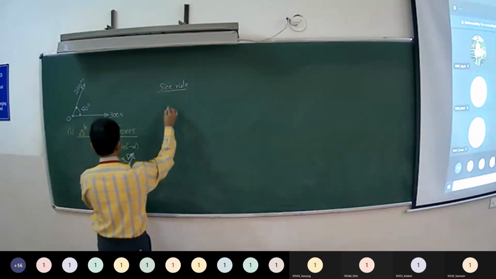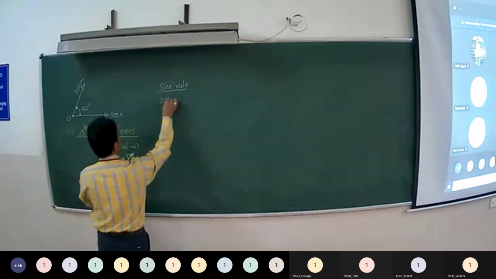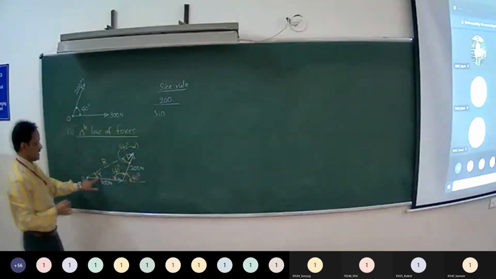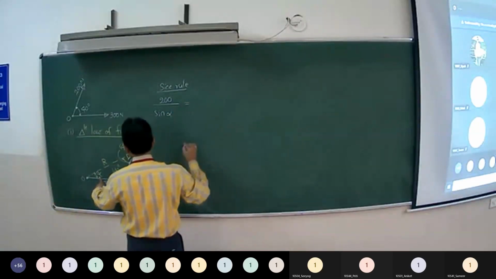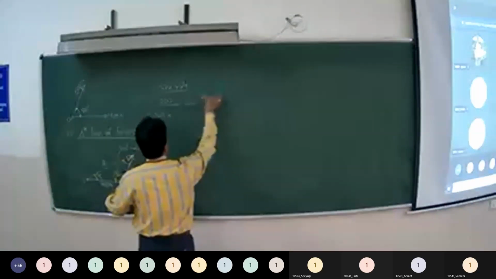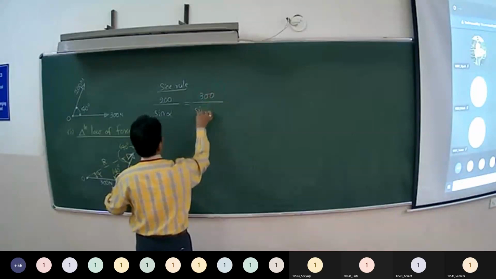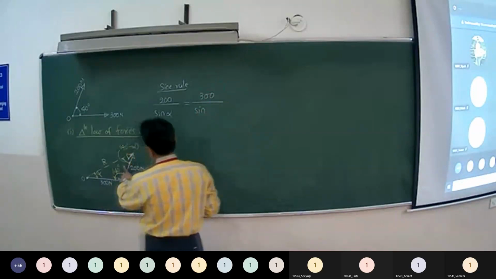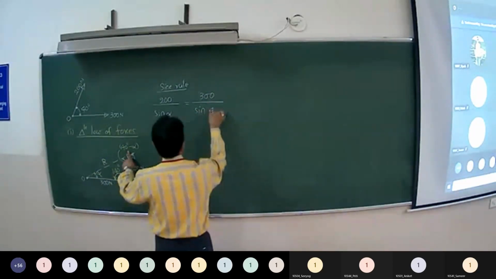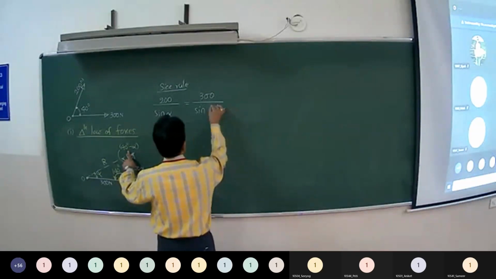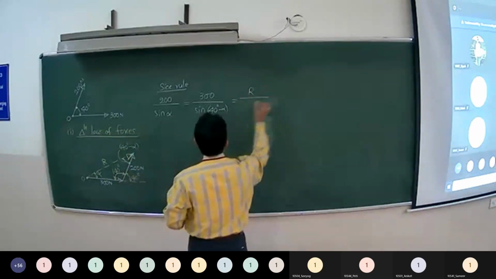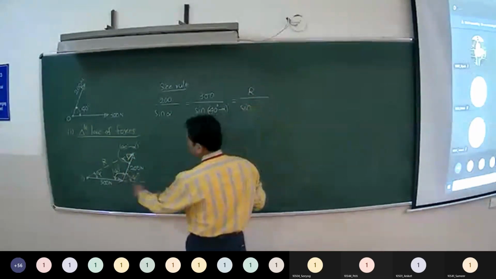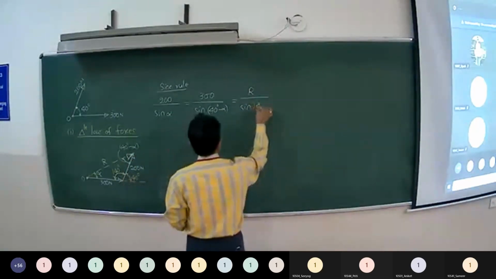As per the sine rule, it is 200 upon sine of opposite angle, that is alpha, is equal to 300 upon sine of opposite angle, that is 40 minus alpha, is equal to R upon sine of 140.